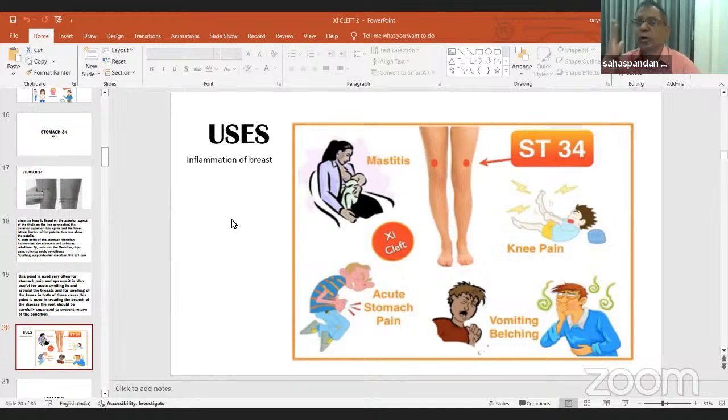It is used for mastitis, the inflammation of the breast, or any swelling of the breast, in or around.